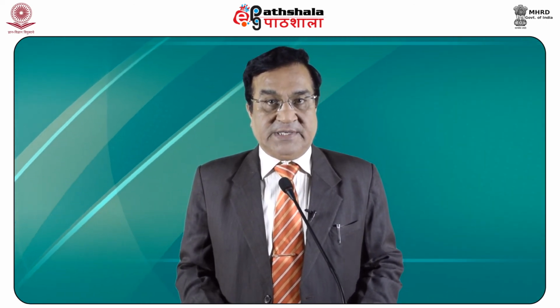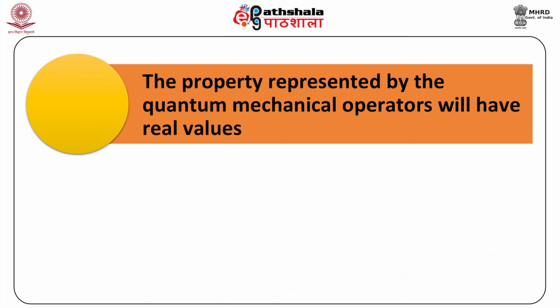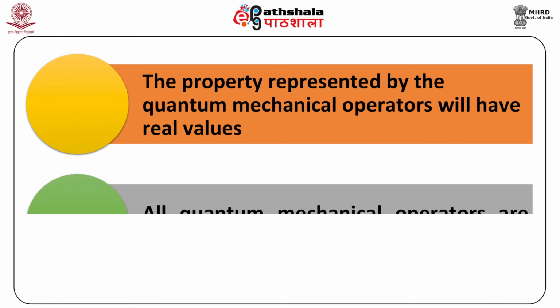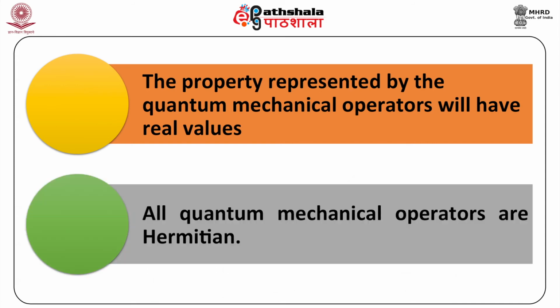These are very, very important things, and as we will see in subsequent modules, they play a very important role in quantum mechanics. Let's now discuss one more important property of quantum mechanical operators, and that is that the values of the quantum mechanical operators will always be real, and therefore we say that all quantum mechanical operators are Hermitian.